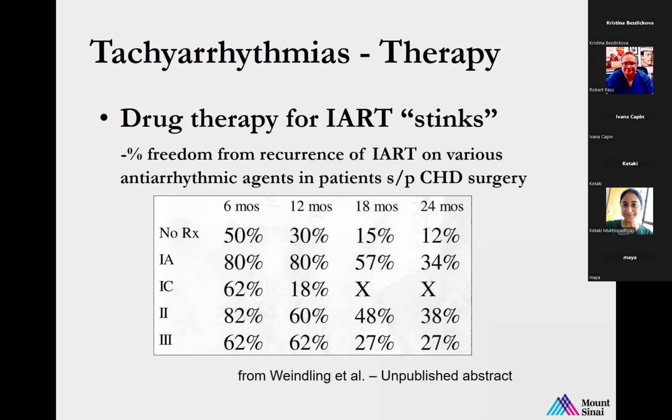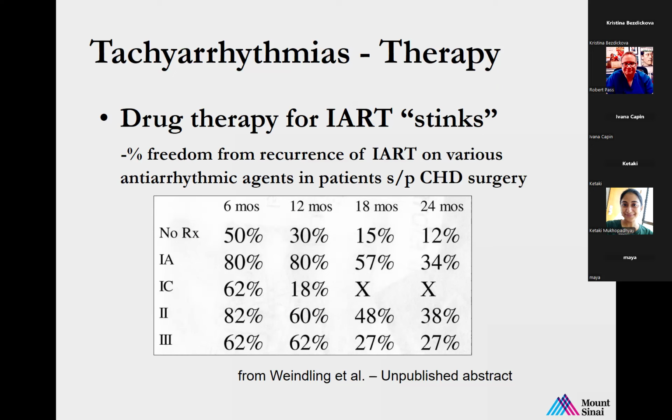You can basically see that if you look at the last column, if you have a person who has IART and congenital heart disease 24 months out, without therapy, there's only a 10%, 12% chance you're not going to have a recurrence. But if you look at all these other agents, they're all in the 30% range. It's pretty low, suggesting that medical therapy for IART is really bad.